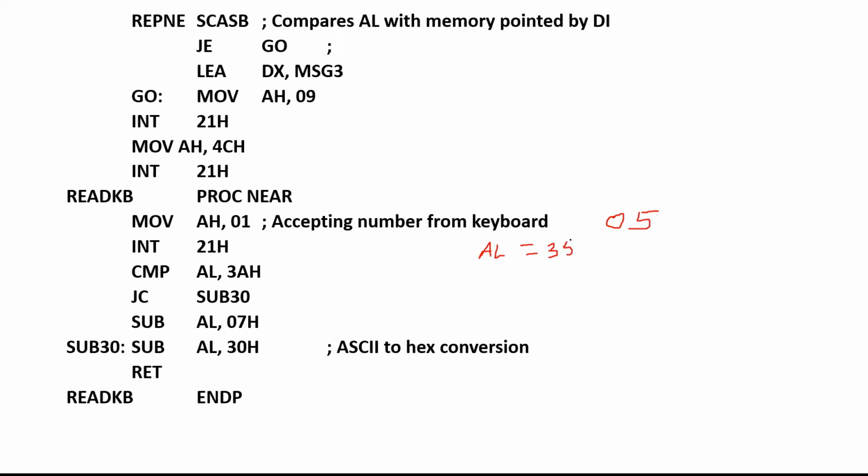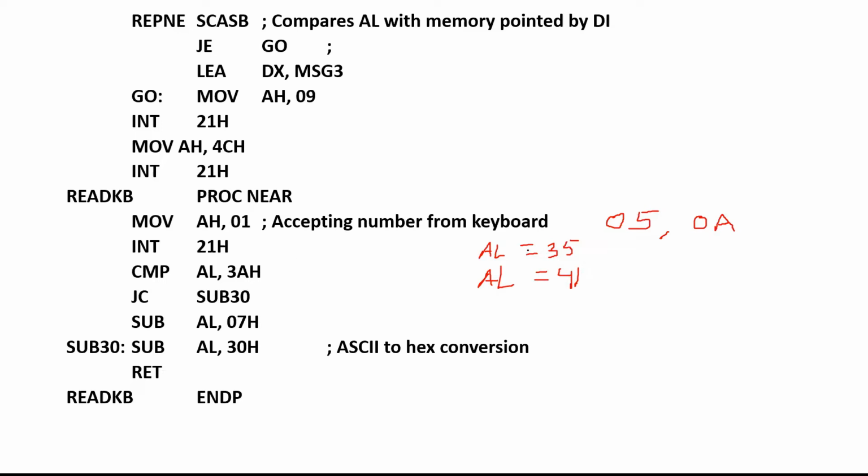Here I can enter any hexadecimal digit, so I am considering my hexadecimal digits as 0 through 9 and A through F. If I am entering A, then AL will contain the ASCII equivalent of capital A, which is 41.